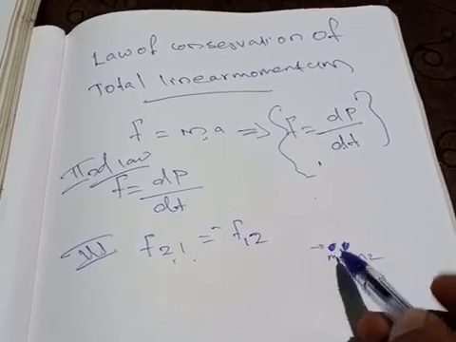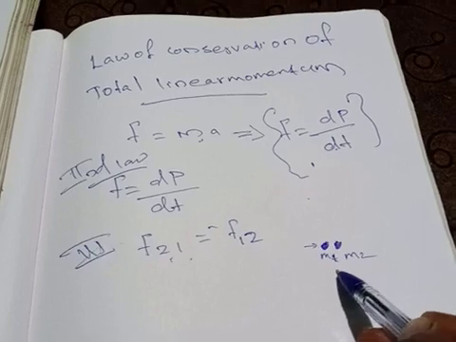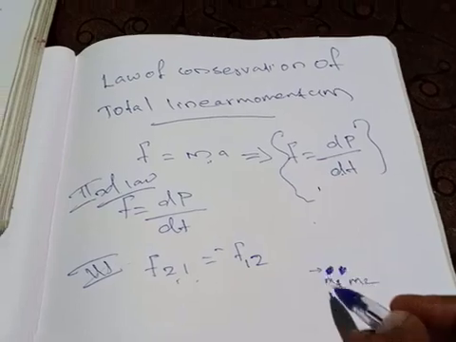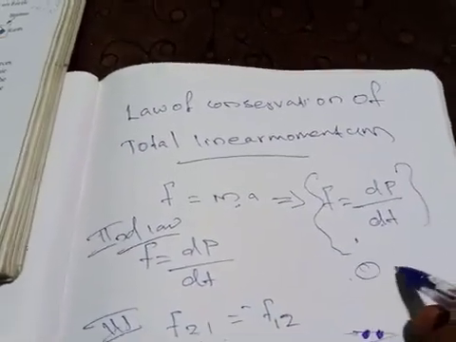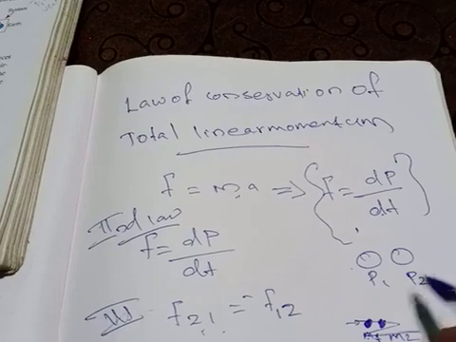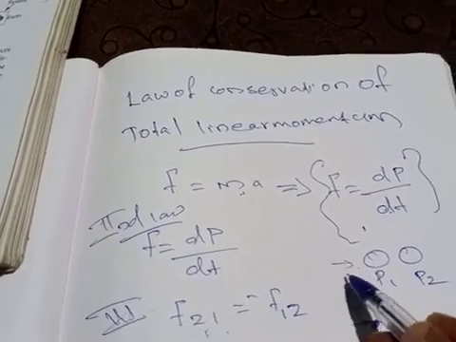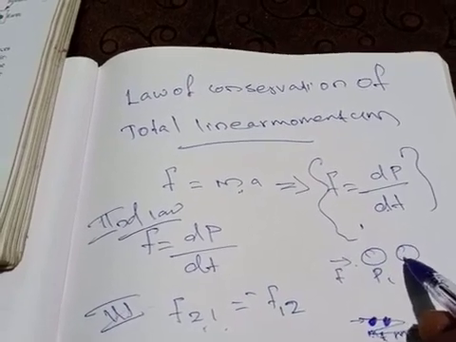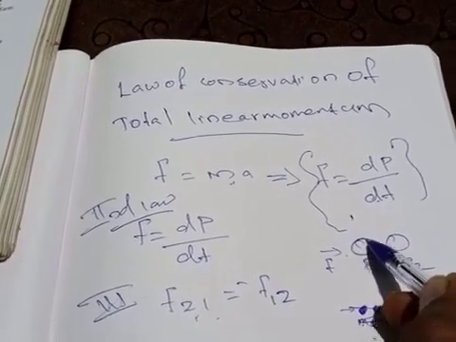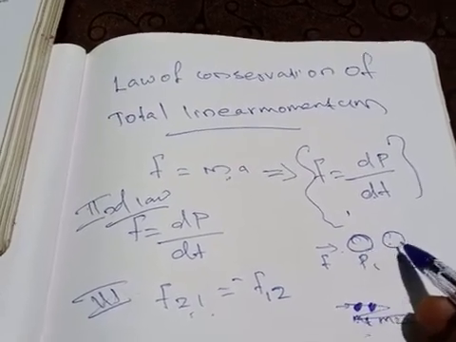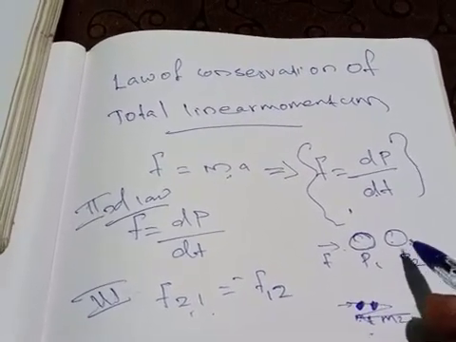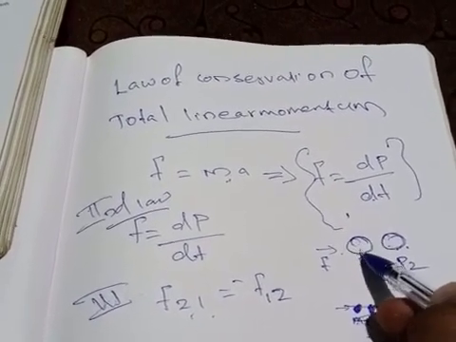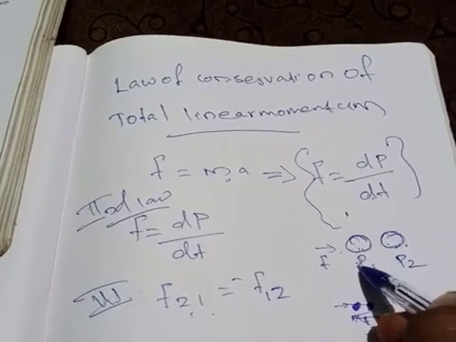If you are applying a force here, what will happen? You can call them particles P1 and P2. If you apply a small external force, it will hit the other particle, so that particle 1 will exert a force on particle 2, and the same way particle 2 will exert an equal and opposite force on particle 1.